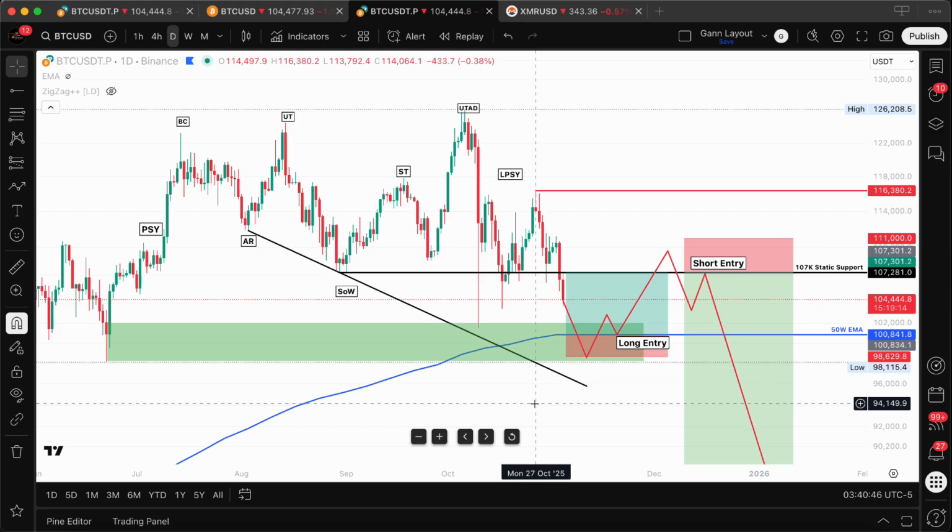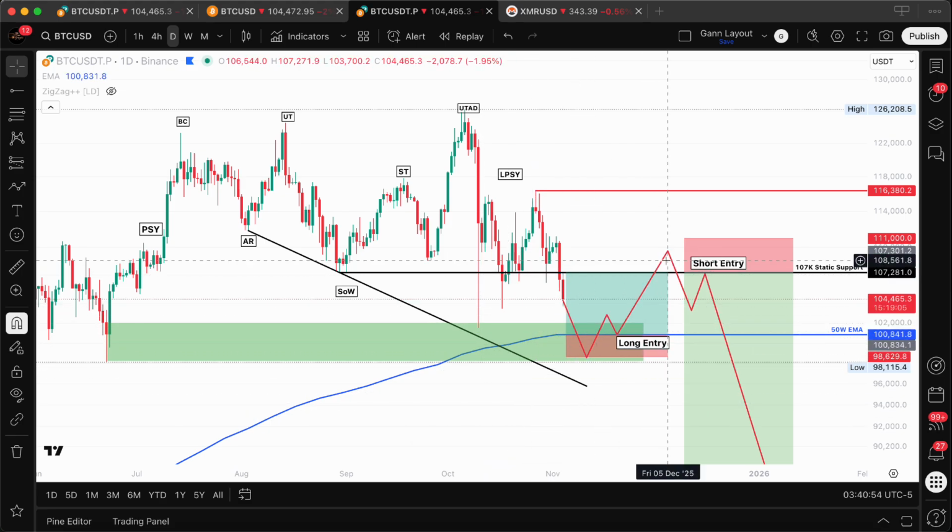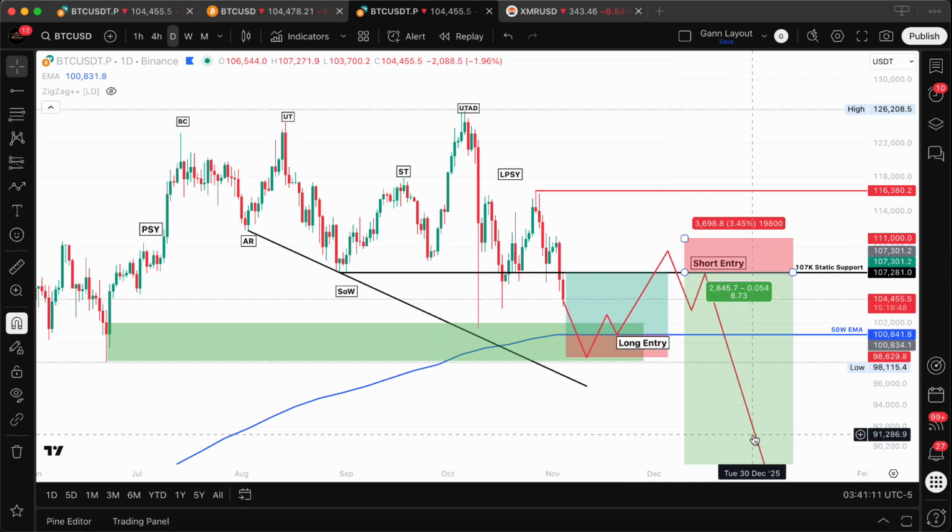Will this bounce lead to a new all-time high? I highly doubt it, but I do think that there is a good chance for the bounce to retest the distribution range low between 107 and 108, maybe a little bit above, again to trigger the stop losses of the short traders, and then it will continue moving lower.